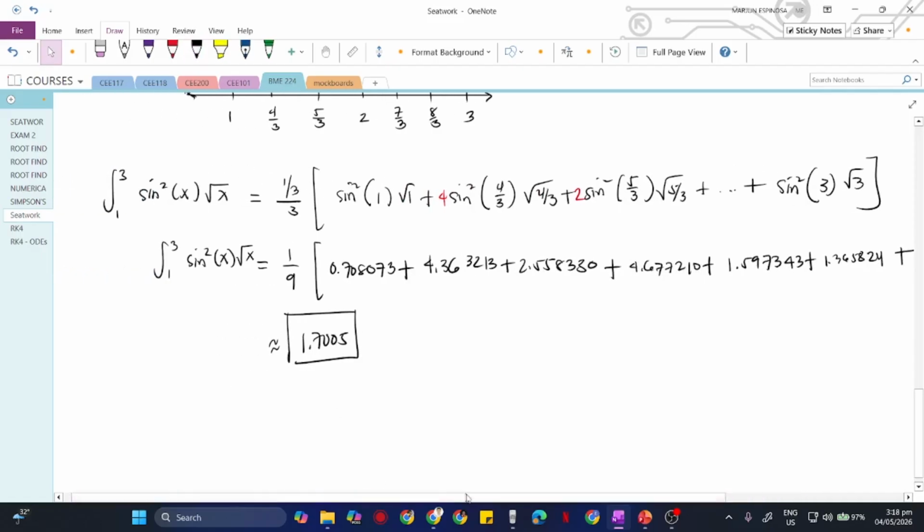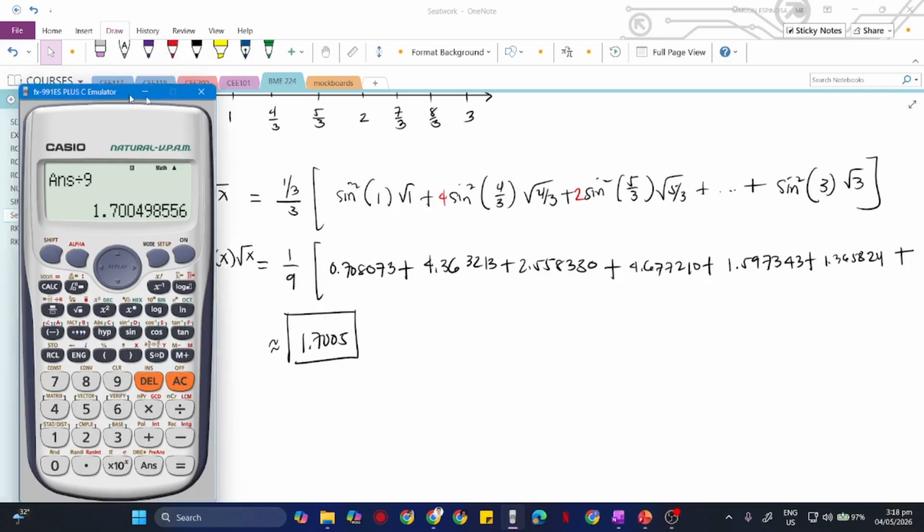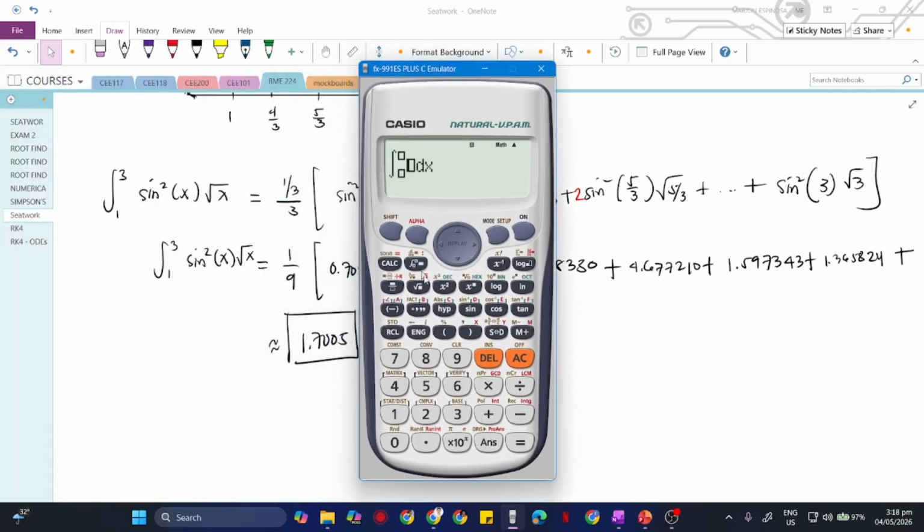Try naman natin using calculator kung makuha ba natin to. Okay, that is sine. Na-square ba natin yun kanina, class? Nag-square ko ba kanina? Hala. Napansin nyo, na-square ko ba kanina, class?